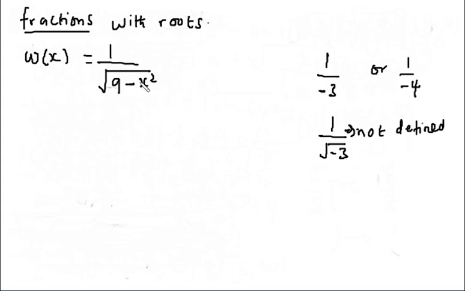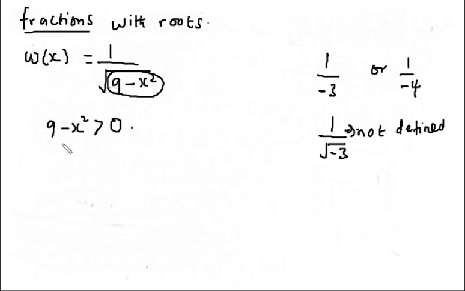So in this case, we need to make sure that our number is greater than 0. For our 9 minus x squared, the number inside our square root cannot be equal to 0, because square root of 0 will be 0 and this fraction will be undefined. So you know that this number has to be greater than 0. Okay.